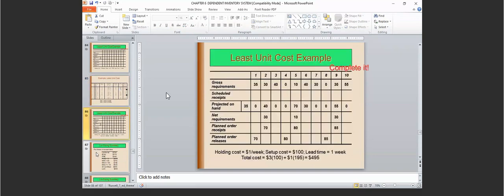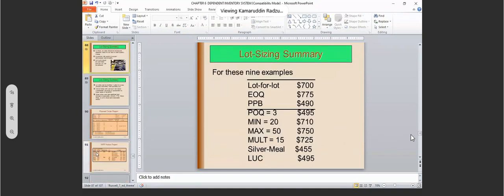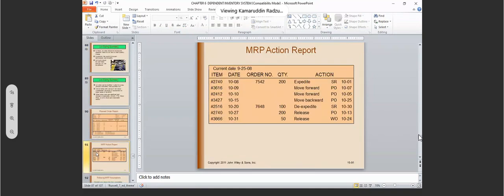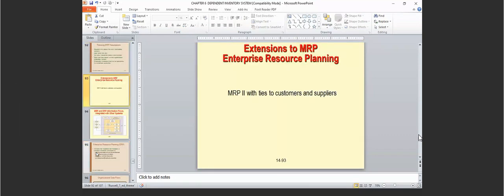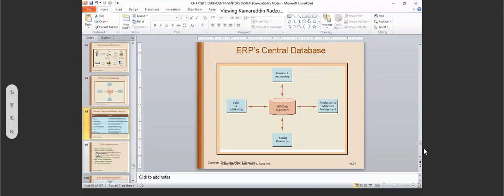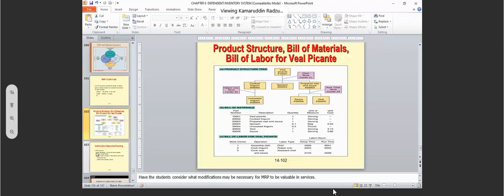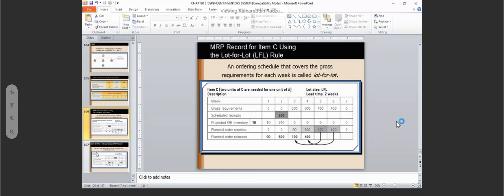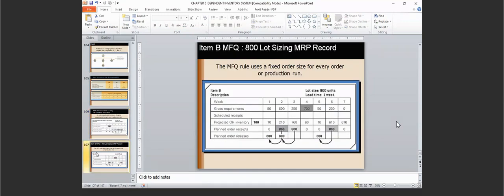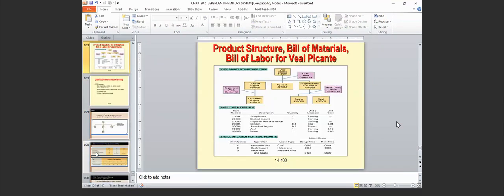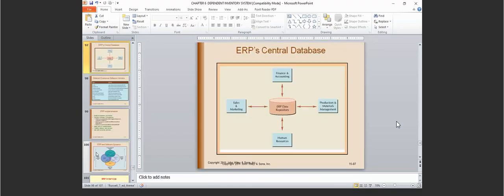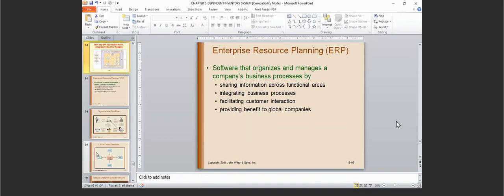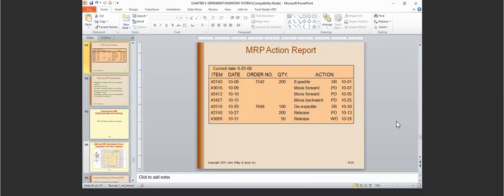You can do self-learning about the least unit cost. Okay. Do you have any question?